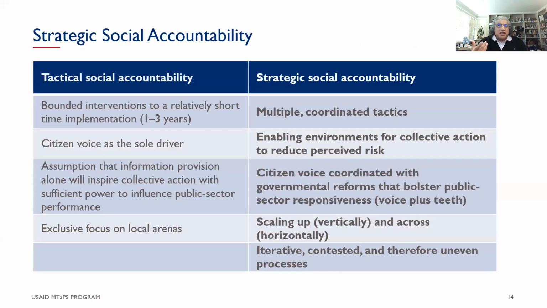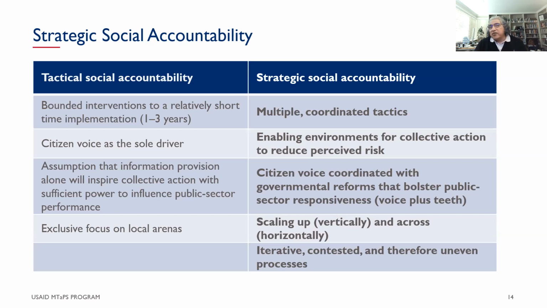And with strategic social accountability, this is very relevant because for many years, social accountability was understood as identifying one single tool, and then you implement that tool, and that would improve all the services for the community.